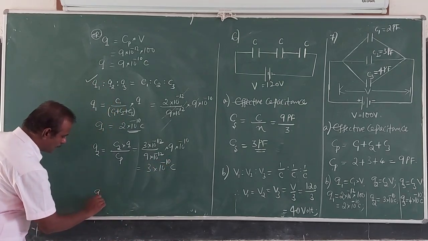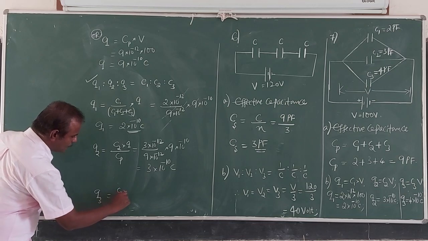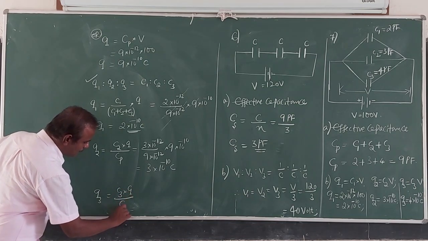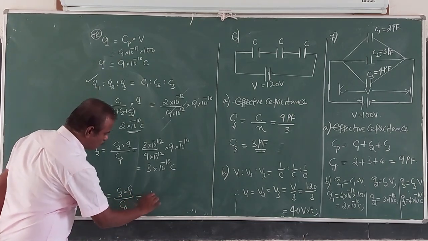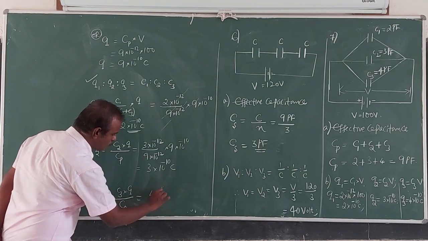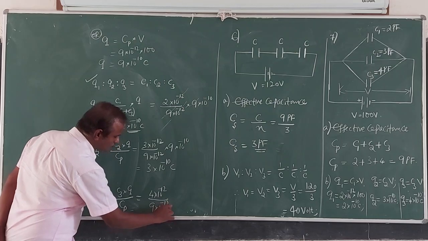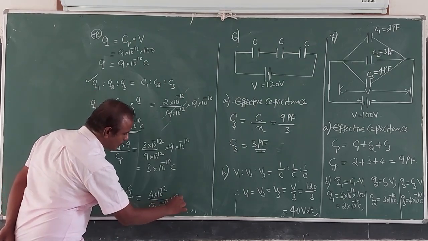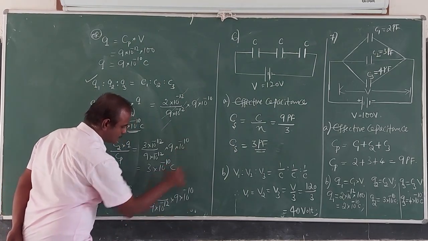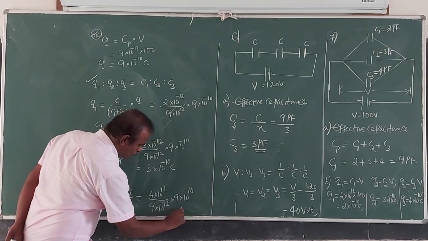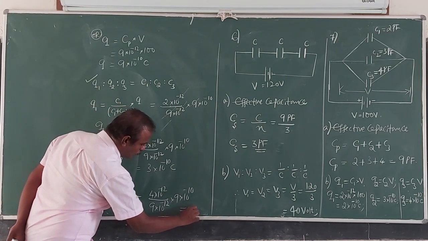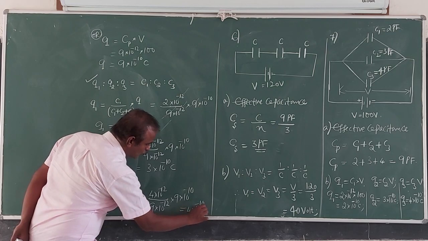Similarly, Q3 is C3 into Q divided by Cp, which is 4 into 10 to the power minus 12 divided by 9 into 10 to the power minus 12, into 9 into 10 to the power minus 10. This also comes out to be 4 into 10 to the power minus 10 coulomb.